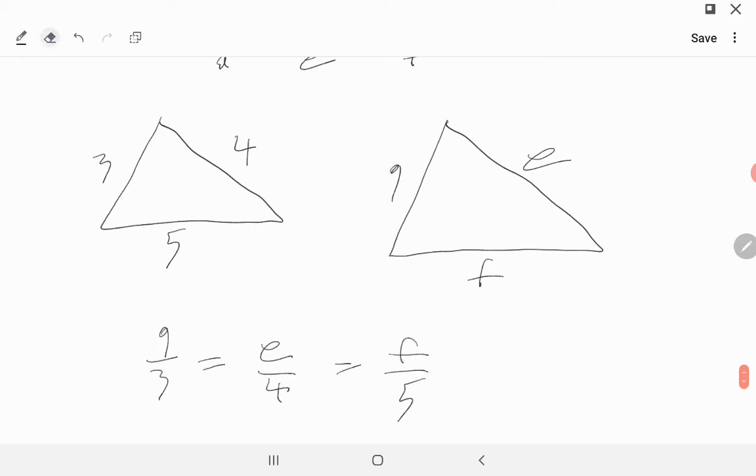So let's make that two separate things. We can say 9 divided by 3 equals E divided by 4, and 9 divided by 3 equals F divided by 5. And you can kind of see where this is going.